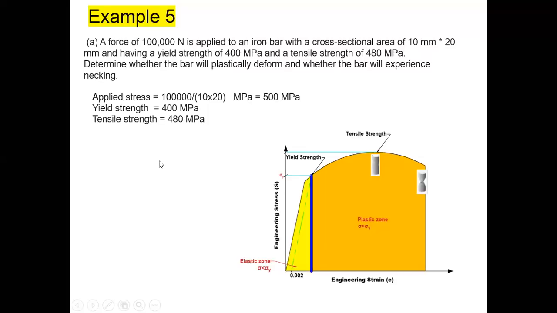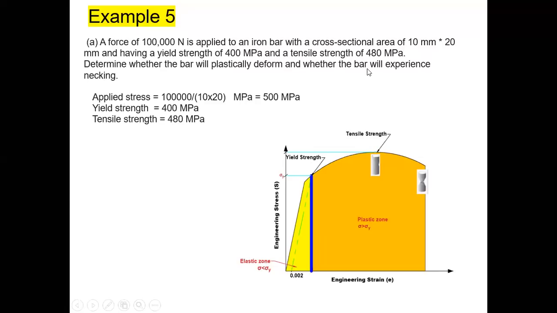Your applied stress is 500, yield stress is 400. In that case, applied stress is higher than the yield stress, so you are somewhere here. The bar will plastically deform, because applied stress is higher than the yield strength.